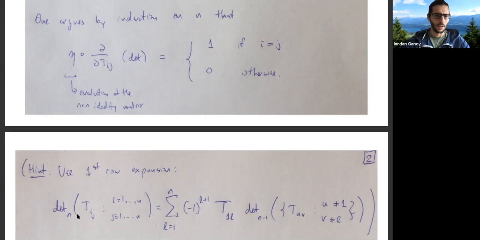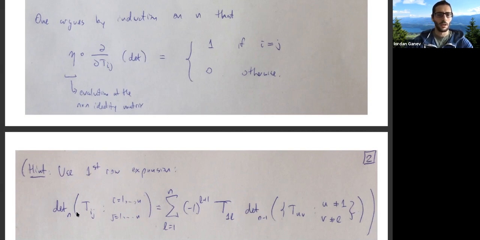So in general, one way to define the determinant of an n by n matrix is in terms of determinants of n minus 1 by n minus 1 matrices. And the formula is the following. So this is the first row expansion. You can do the first column expansion or any row expansion or any column expansion, but the first row expansion will be this formula.